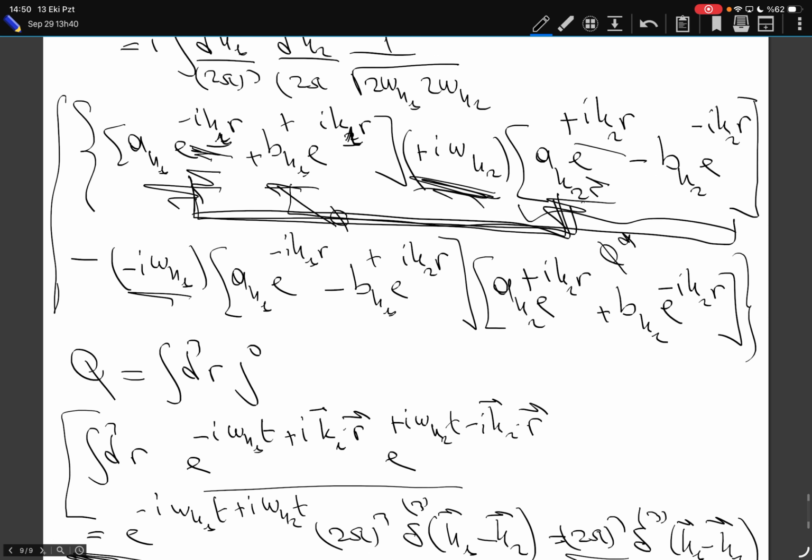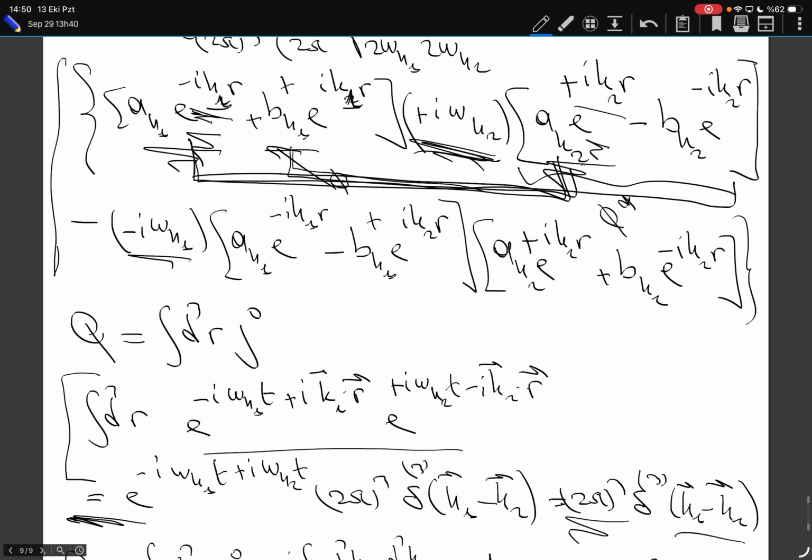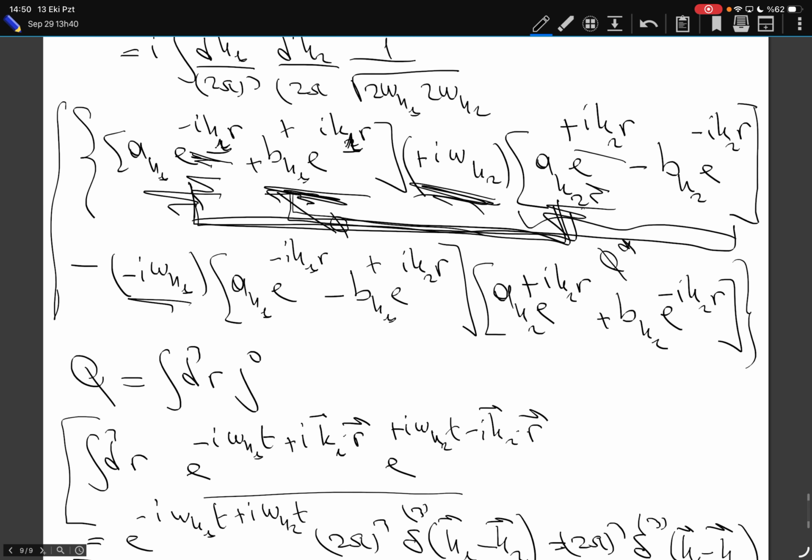Then I have the second term from both of those expressions. No, this is plus, by the way, because I'm taking the first term in the first parenthesis, the second term in the first parenthesis, and the first term in the second parenthesis. That's a plus sign. Now I have the second terms, the product of the second terms.